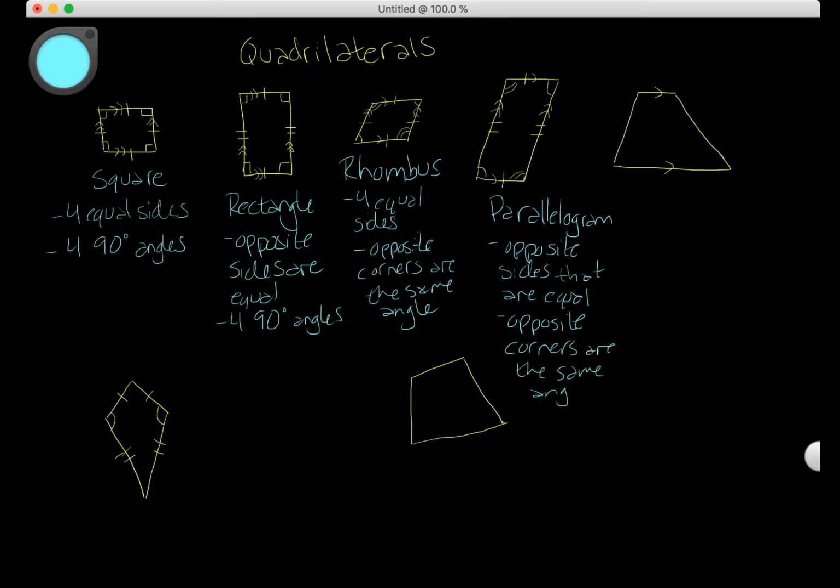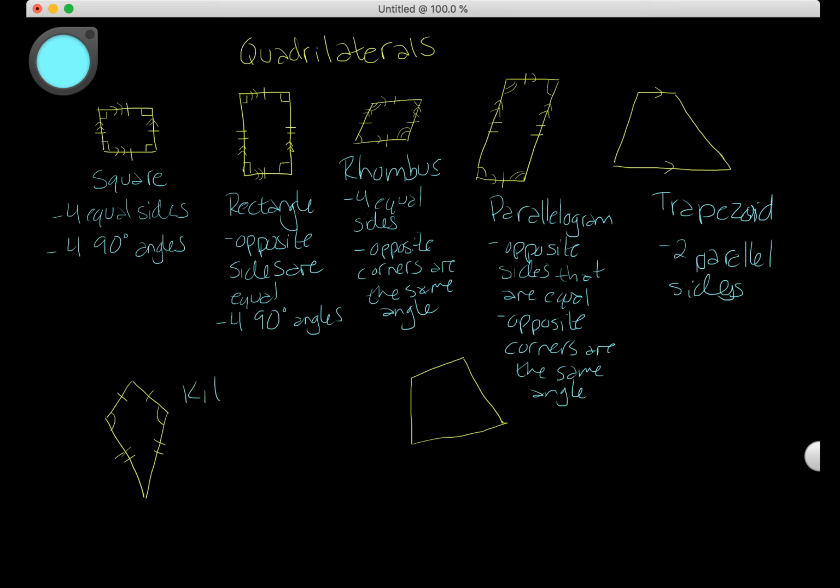Okay, last one up the top here is the trapezoid. A trapezoid has 2 parallel sides. Down here we have a kite.